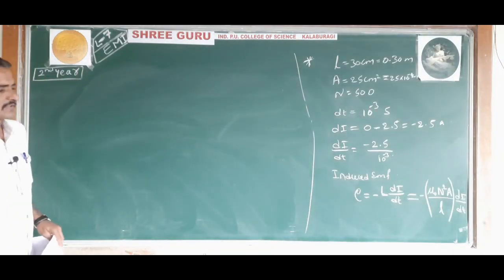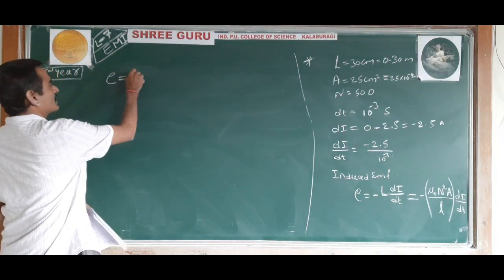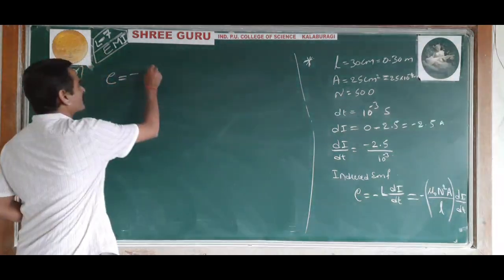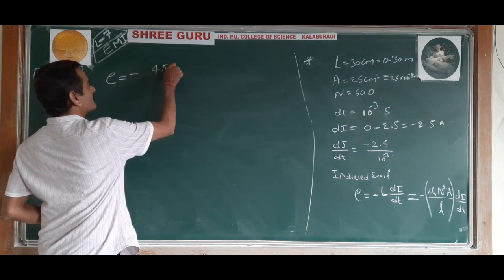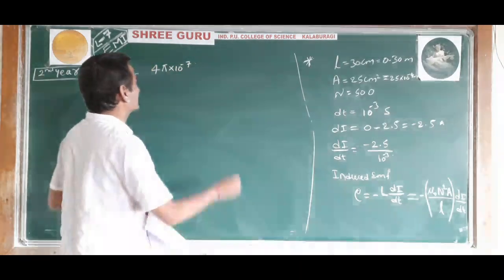So substituting the values, E is equal to minus mu naught. What is the value of mu naught? 4 pi into 10 to the power minus 7. Remember that 4 pi into 10 to the power minus 7 is the value of mu naught.